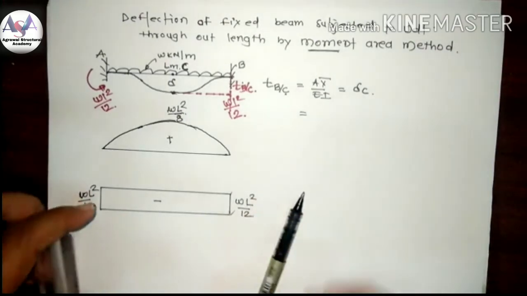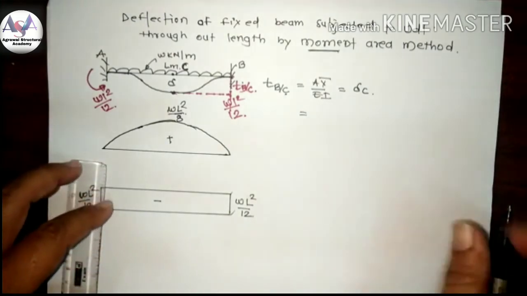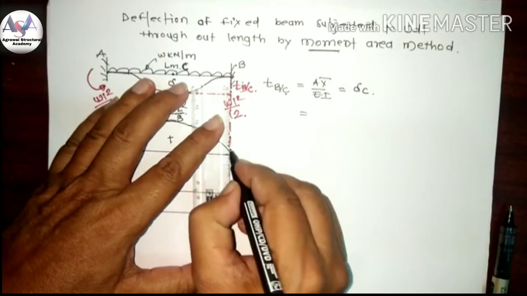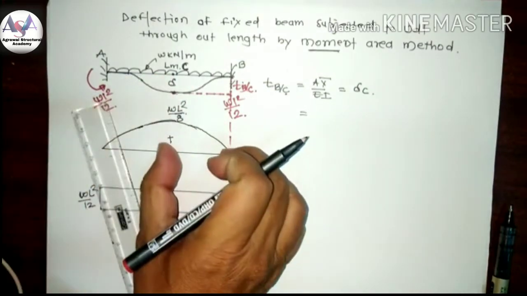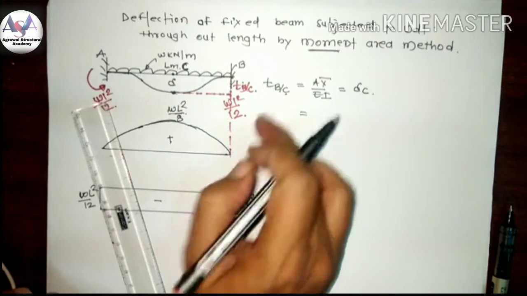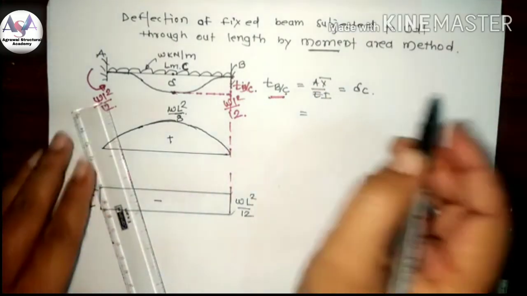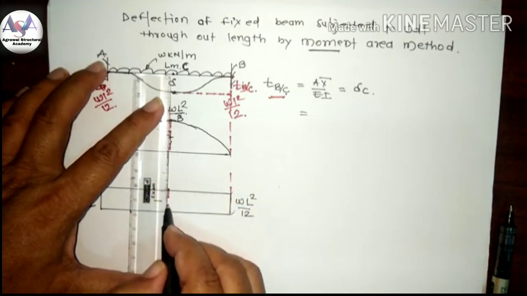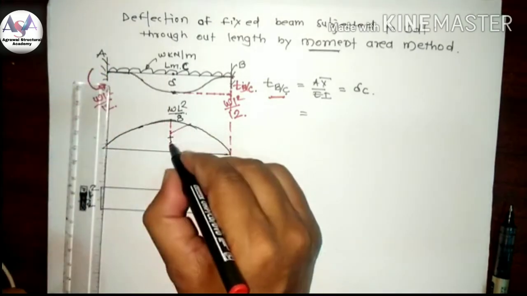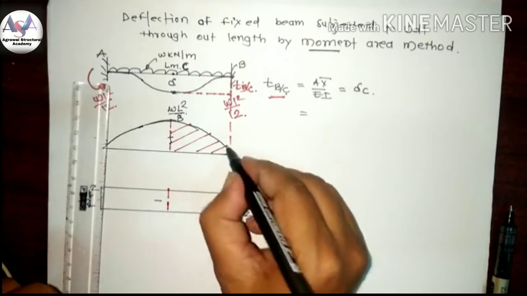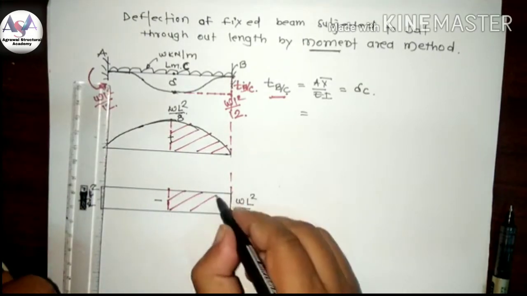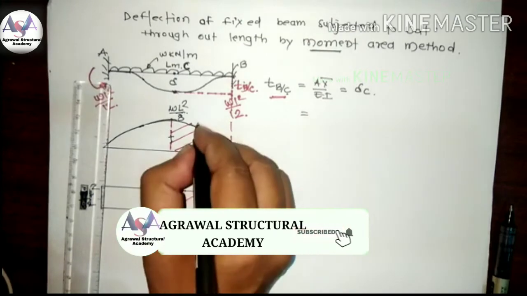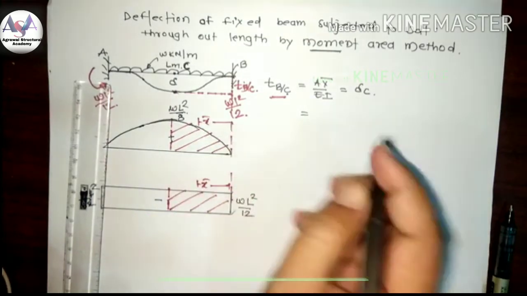Now our aim: TBC means what? The reference is B. It is the moment of the area between B and C with respect to B. This is what TBC indicates. So we have to take only this area, and this is X bar and this is X bar.